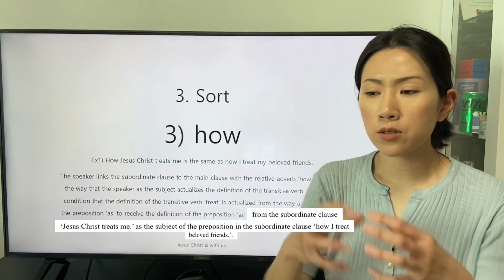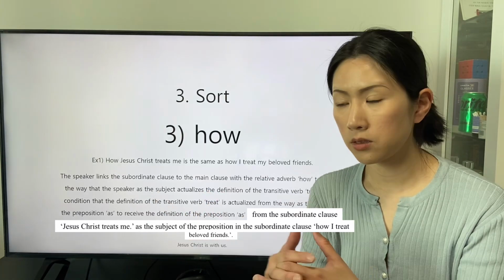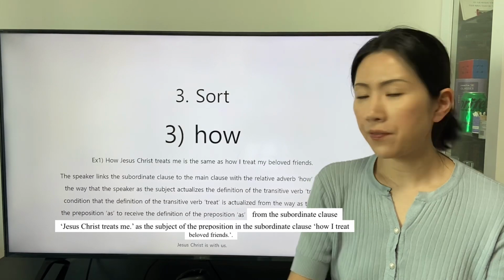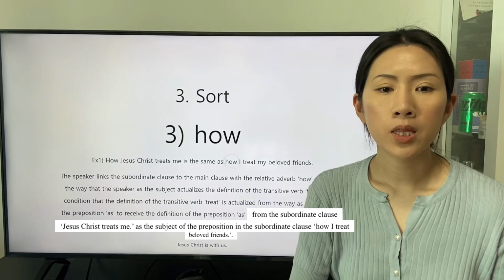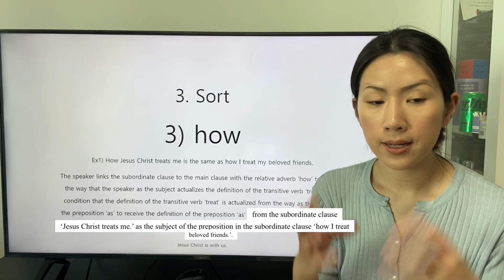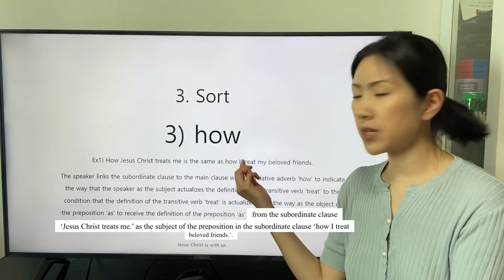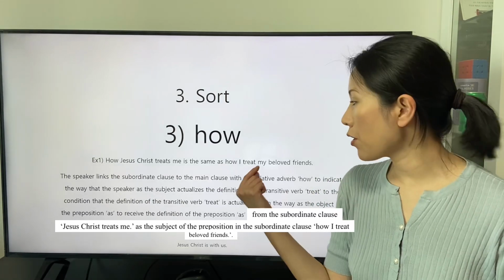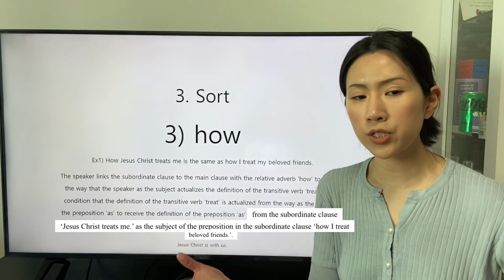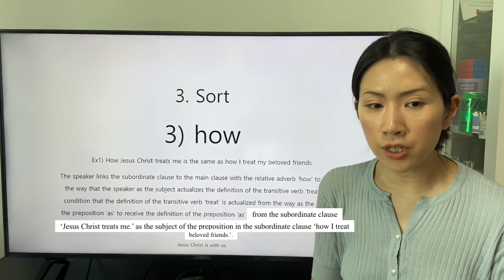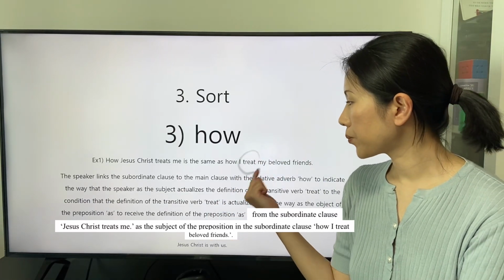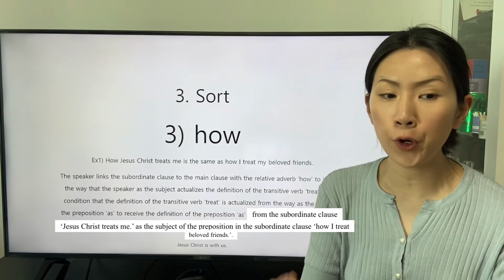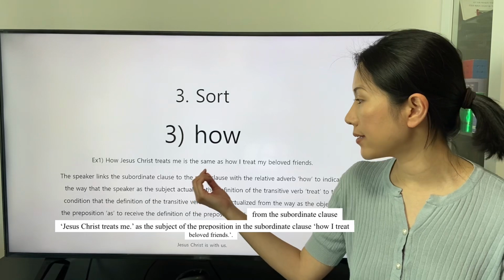We can see that the subordinate clause and the main clause are inseparable, with the relative adverb how to indicate the way that the speaker as the subject actualizes the definition of the transitive verb treat to the condition that the definition of the transitive verb treat is actualized from the way as the object of the preposition as.